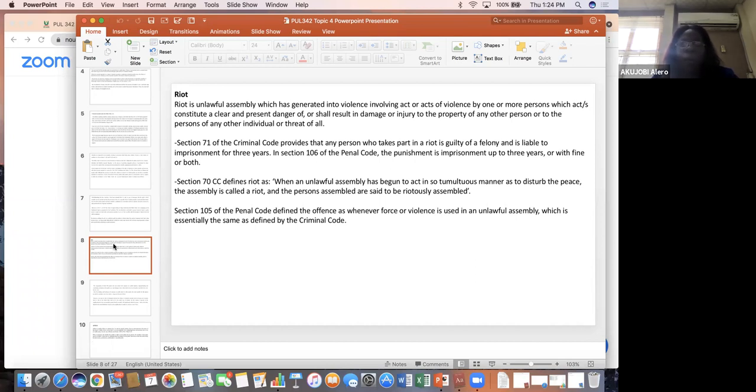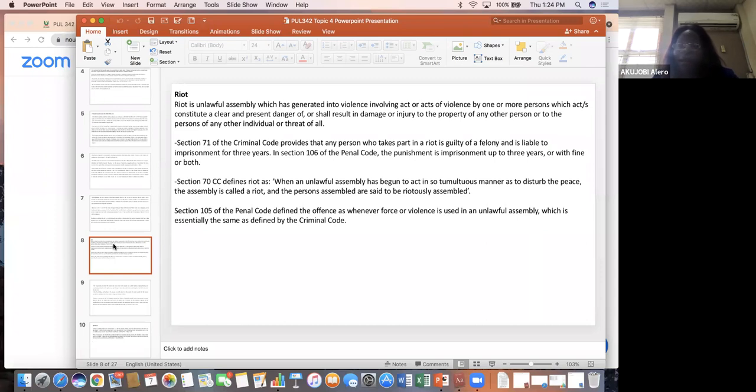So under Section 70, it is defined as when an unlawful assembly has begun to act in so tumultuous a manner as to disturb the peace, the assembly is called a riot, and the people assembled are said to be riotously assembled.